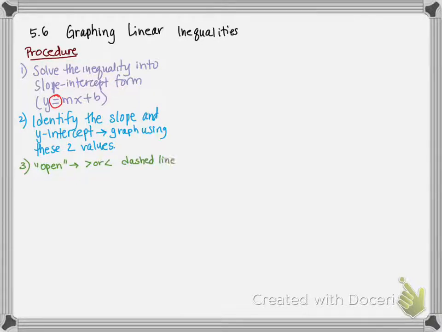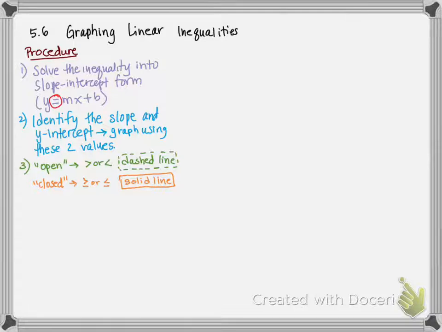So that means that nothing on the line is a solution, okay? And then the other guy was the closed. So that one, when the inequality is greater than or equal to or less than or equal to, is going to be a solid line because every point that's on that line is a solution, okay?